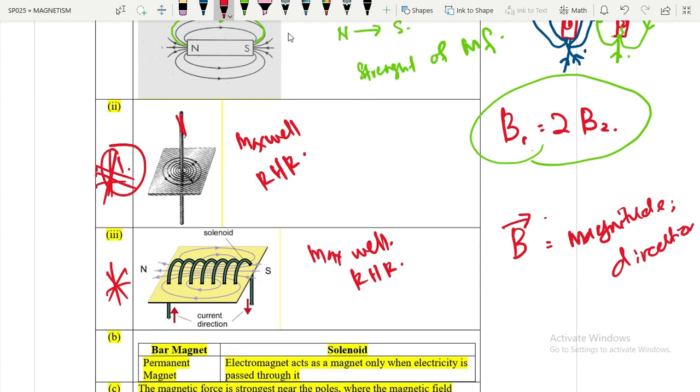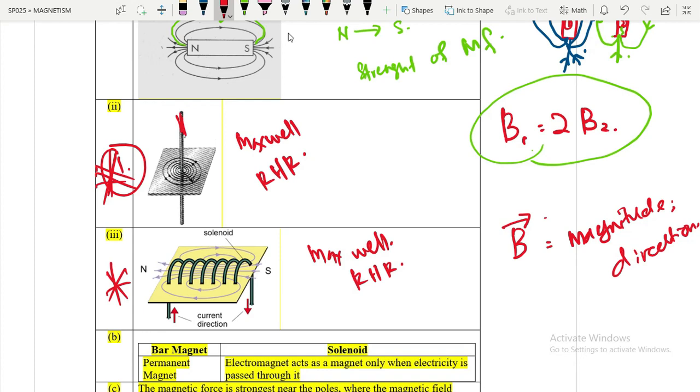Okay, so that is how important for you to understand, to know, to master how to find the direction of the magnetic field, because your final answer later on when you do any calculation about magnetic field, you need to include direction in your final answer. Right? Okay, so anyone clear about this?